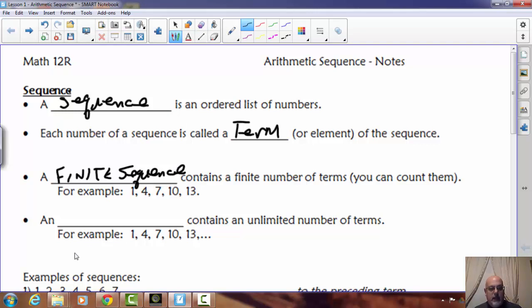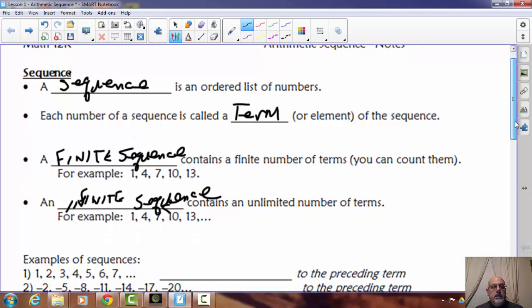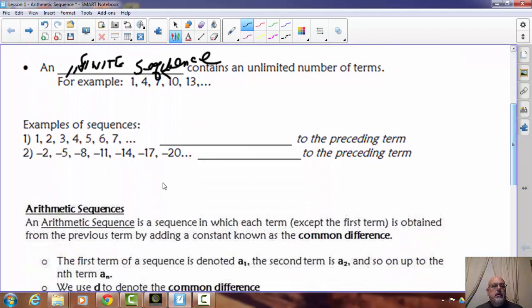An infinite sequence contains an unlimited number of items or terms or elements. And we'll be doing problems with both finite and infinite sequences.